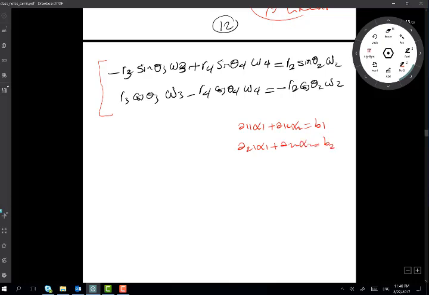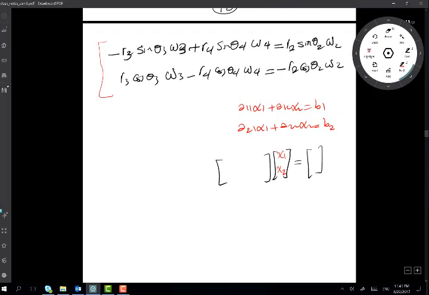So we'll arrange those in a matrix form. This will be my matrix form. First I write my vector of unknowns, which I try to find, so I put them in this vector here. And then I fill in the matrices.